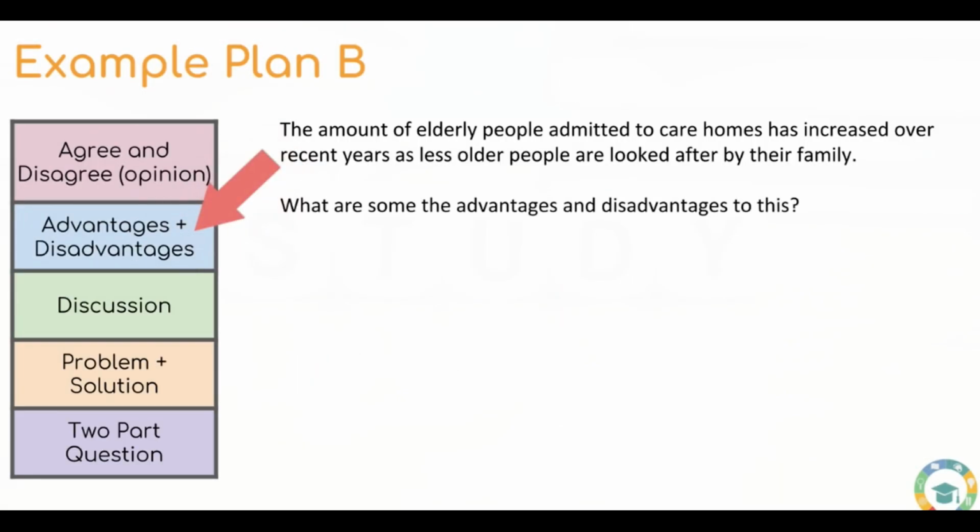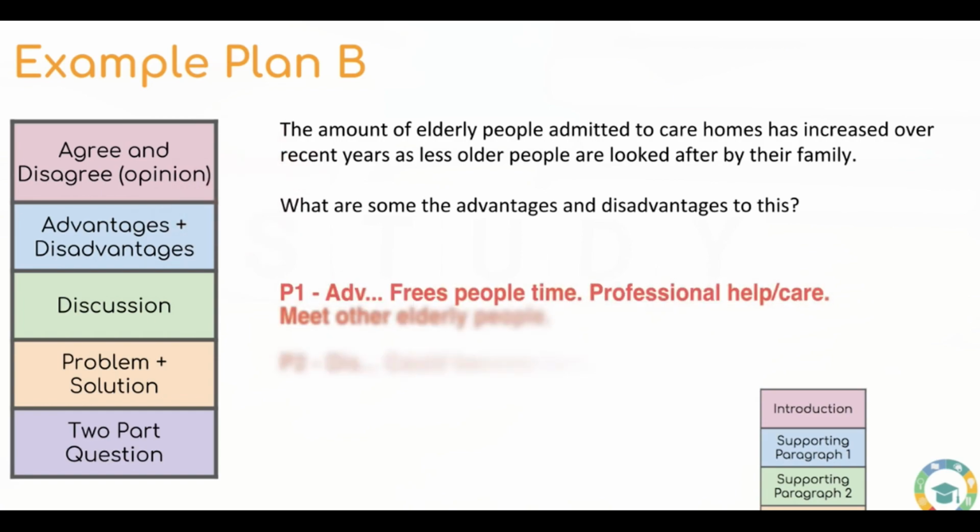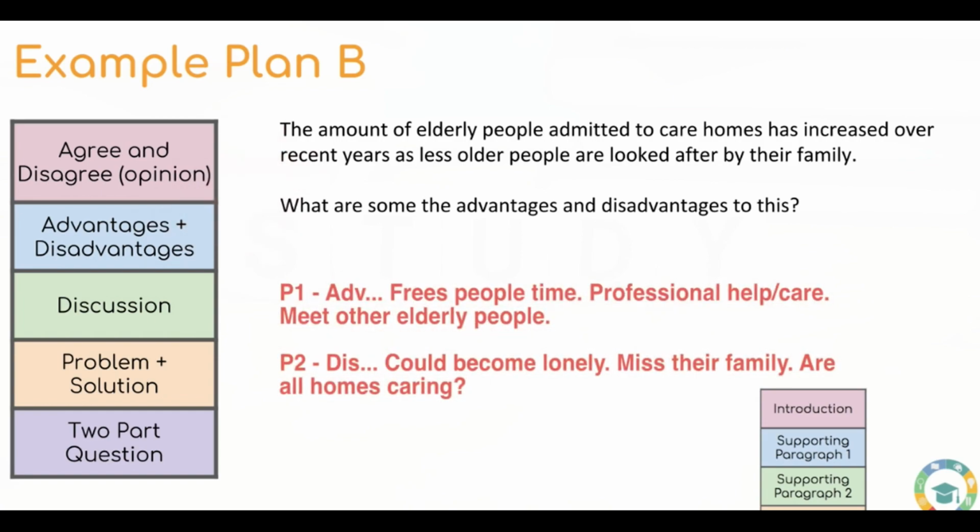Let's take a look at another example plan, this time about the advantages and disadvantages of sending elderly people into care. How do you think I might organise my 2 supporting paragraphs? It seems most logical to organise paragraph 1 into advantages and paragraph 2 into disadvantages.